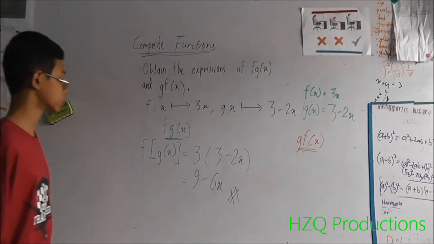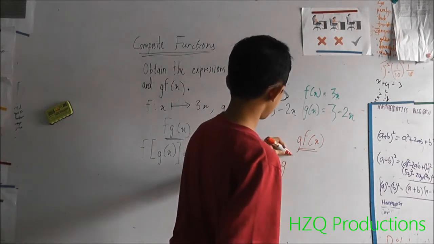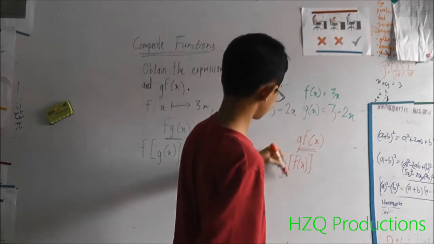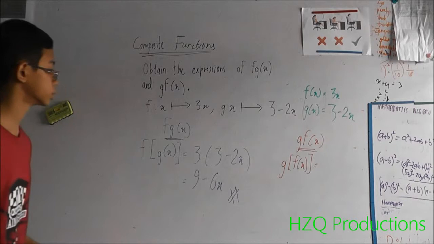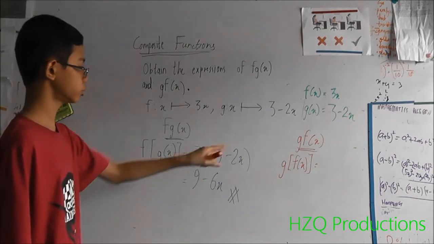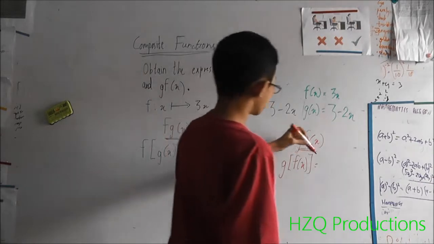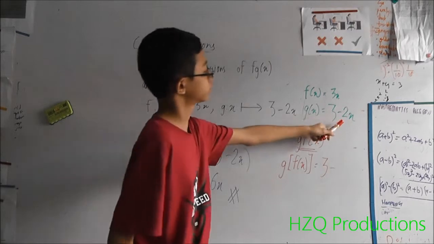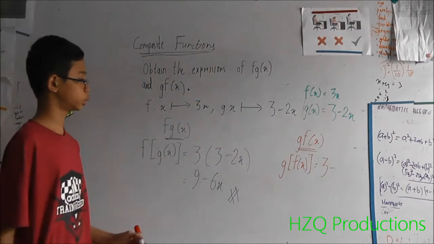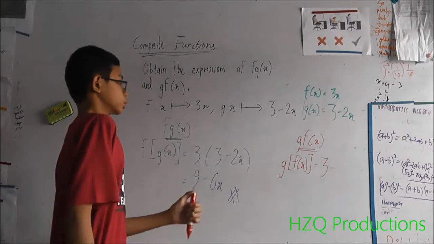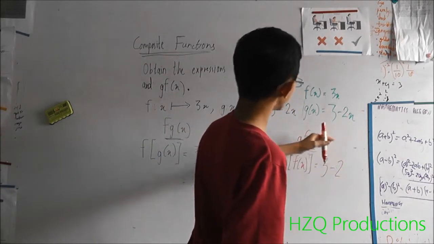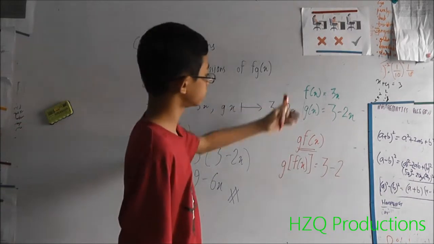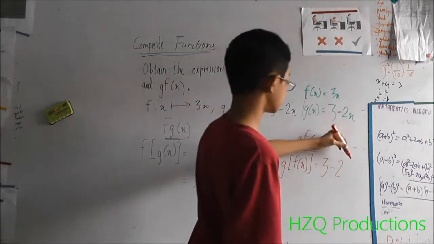On gf(x), we'll write g, okay, f(x). Now what happens afterwards? Okay, since we have the g(x) equation here, 3 minus 2x, we'll just simply substitute in the value of f(x).